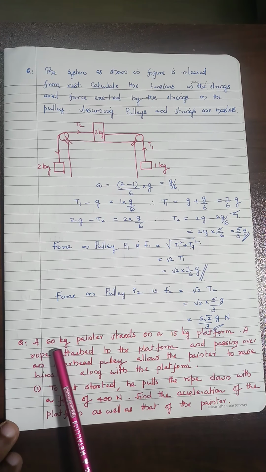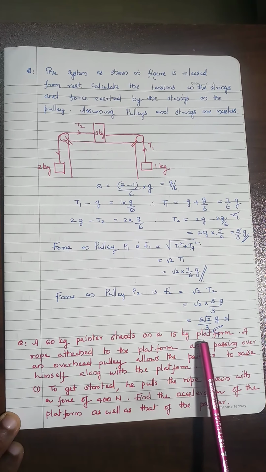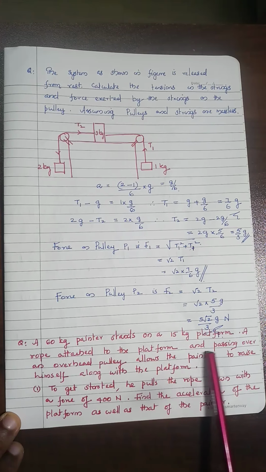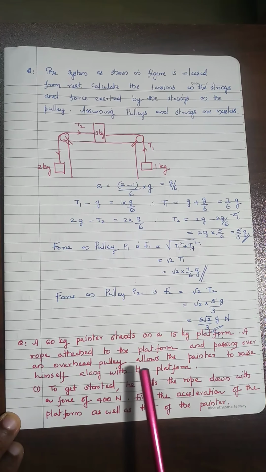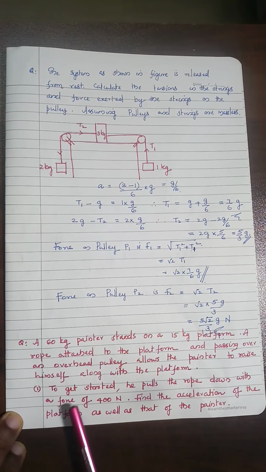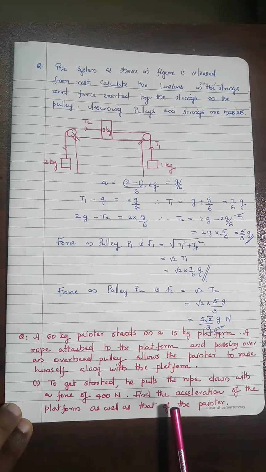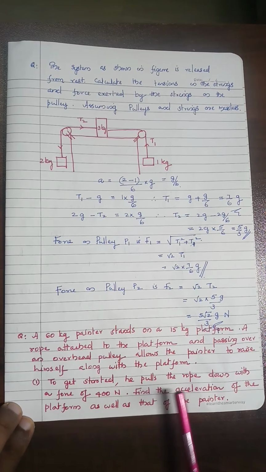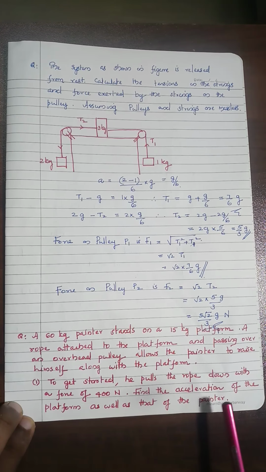A 60 kilogram painter stands on a 50 kilogram platform. A rope attached to the platform and passing over an overhead pulley allows the painter to raise himself along with the platform. Question number 1. To get started, he pulls the rope down with a force of 400. Find the acceleration of the platform as well as that of the painter.